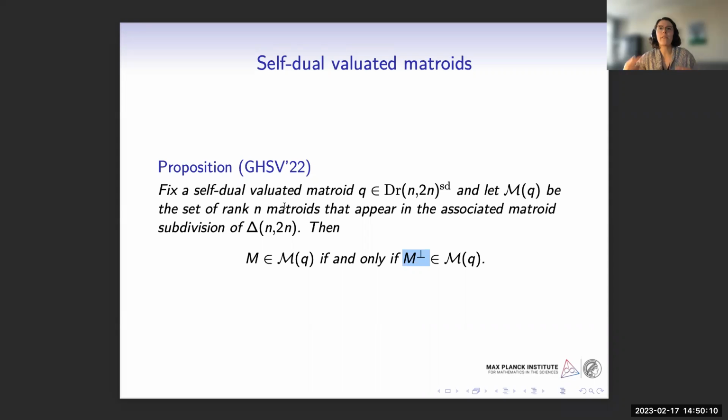And on the other hand, just because this condition is satisfied does not necessarily mean that this point Q actually lives in the self-dual part of the Dressian. Because of course there are different points in the Dressian that give me the same subdivision, but the condition that Q minus Q star lives in the linearity space is definitely a lower dimensional condition than the whole cone that gives me the same matroid subdivision.